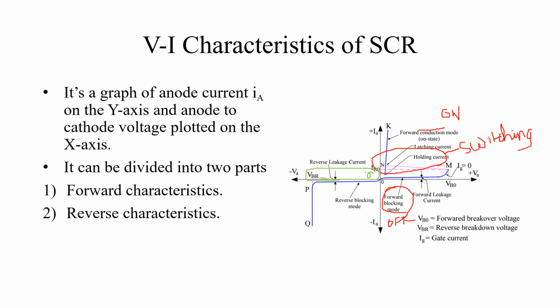A very small leakage current flows until our reverse voltage reaches this point. This point is called reverse breakdown voltage. And when the reverse voltage reaches this point, suddenly avalanche effect takes place and a huge amount of current starts flowing through our SCR. So this is nothing but the reverse characteristics of SCR, which we'll be discussing further in detail.